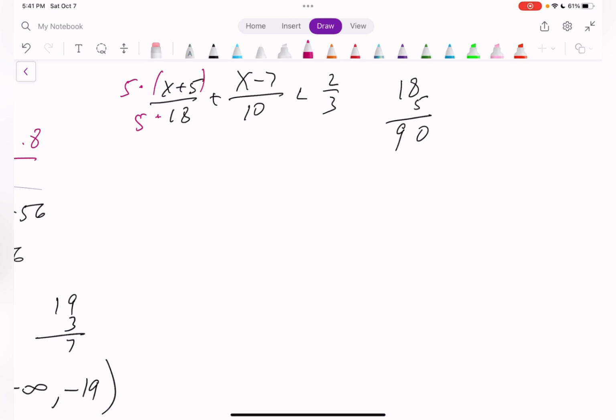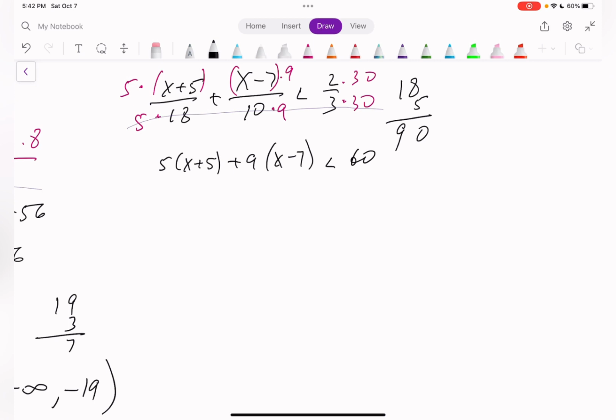Okay, here we multiply by 9, and here multiply by 30. Dropping the denominators, we are getting 5 times (x plus 5) plus 9 times (x minus 7) less than 60.